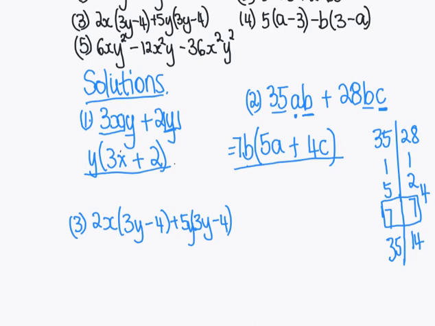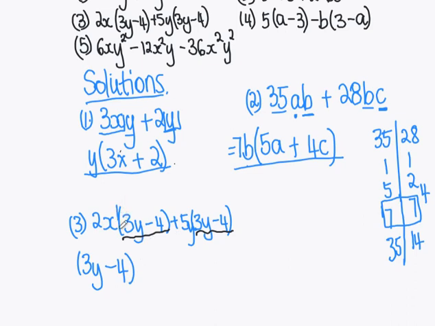With this one, we can see that we have the common bracket 3y minus 4. So we take that out as a common factor.